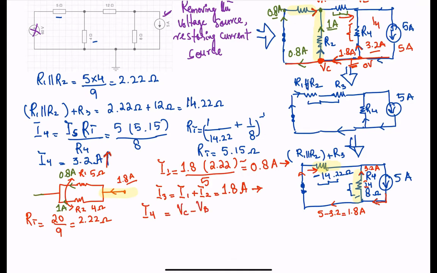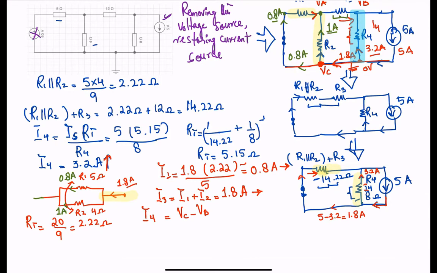So it's VC minus VB, because if you notice the direction of the current, it's actually upward. So this is going to be VC minus VB over R4. R4 is 8 ohms. So you got 8 here. VC is 0, minus VB. VB is what we are looking for, correct?